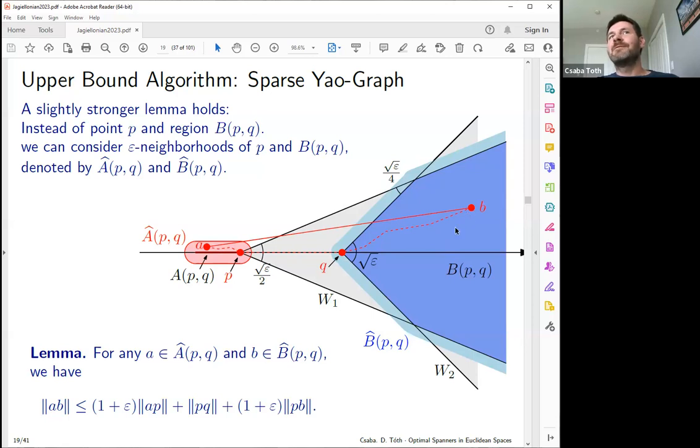One would actually have to show that QB is shorter than AB, so that the induction hypothesis applies, so it was considered before. And then this lemma, this geometric argument, shows that the concatenation of the three things is a 1+epsilon path.